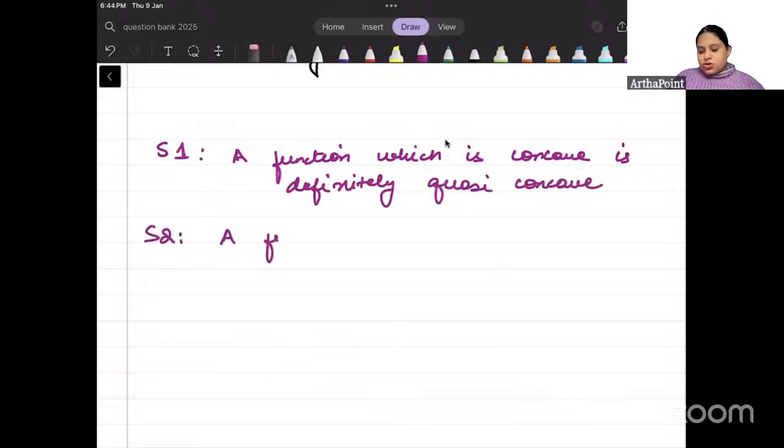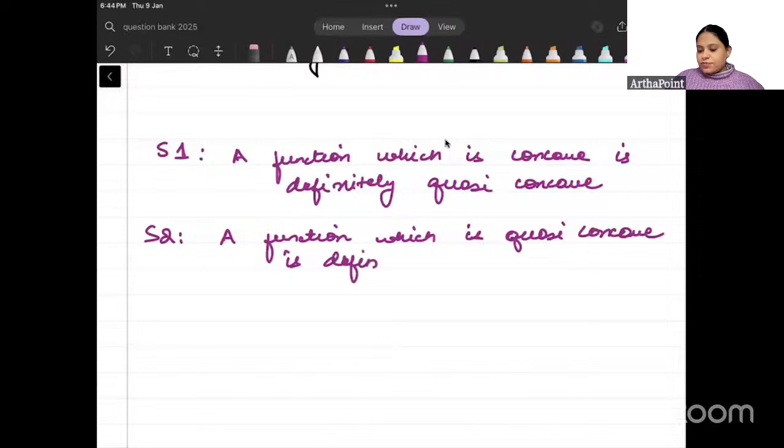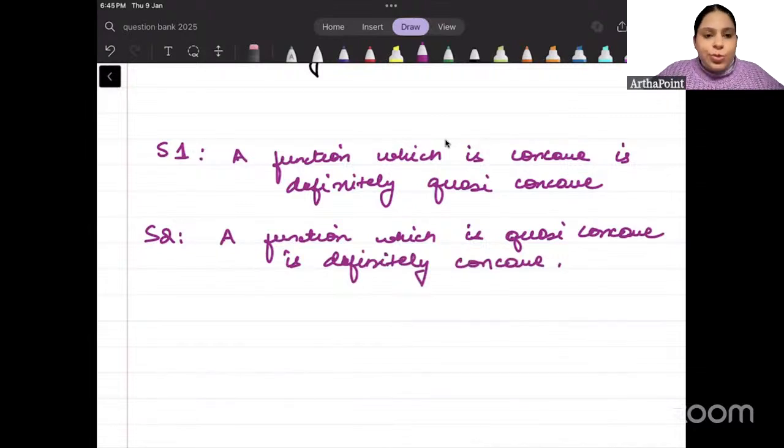A function which is quasi-concave is definitely concave. Which statement is true and which statement is false? Or both are true.